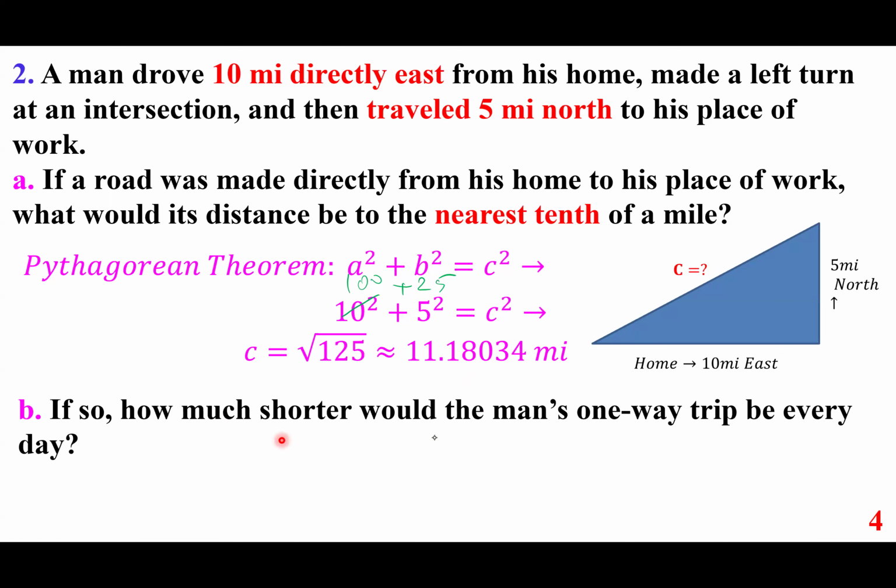If so, how much shorter would the man's one-way trip be every day? Well, the man is going to do 10 plus 5, 15. But if it's direct, it's going to do this much. So 15 minus this number. 10 plus 5 minus the square root of 125.